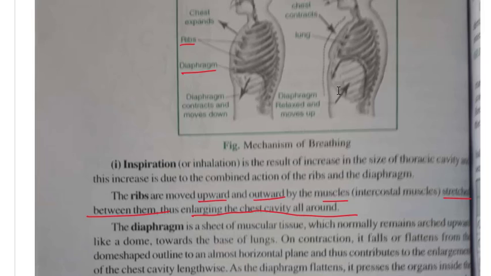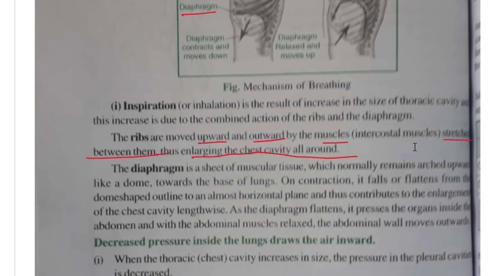The diaphragm is a sheet of muscular tissue which normally remains arched upward like a dome towards the base of the lung. On contraction, it flattens from the dome-shaped outline to an almost horizontal plane and thus contributes to the enlargement of the chest cavity lengthwise.